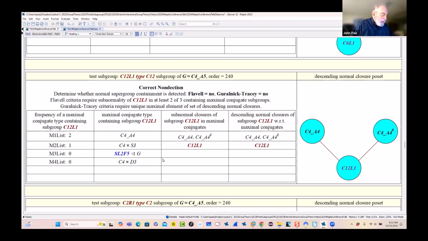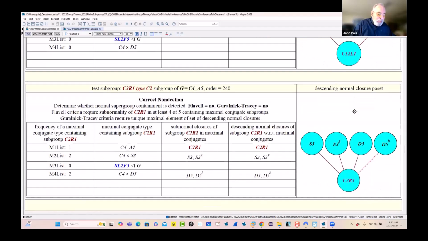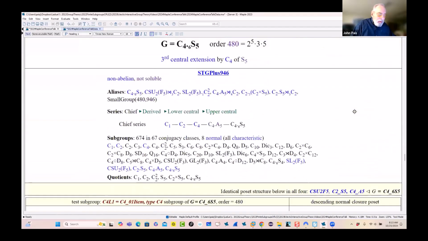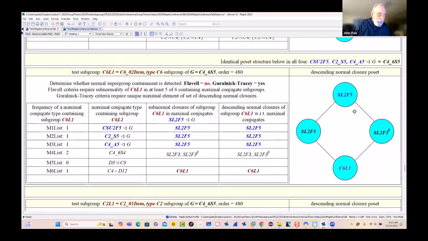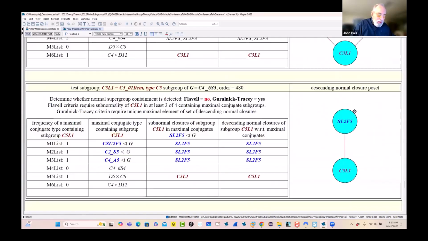So in this case, our test subgroup is not subnormal and not even contained in this maximal subgroup. So we don't have a maximal element up here in its set of descending normal closures. Similarly, there's another one like that, and then I'm going to go down to the bottom now.